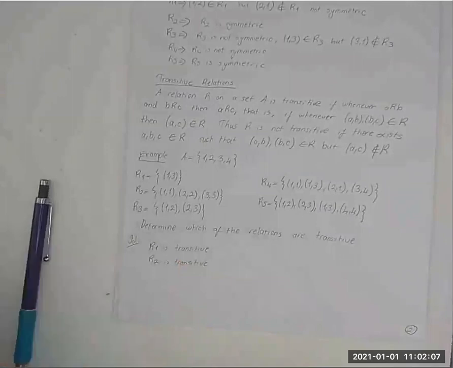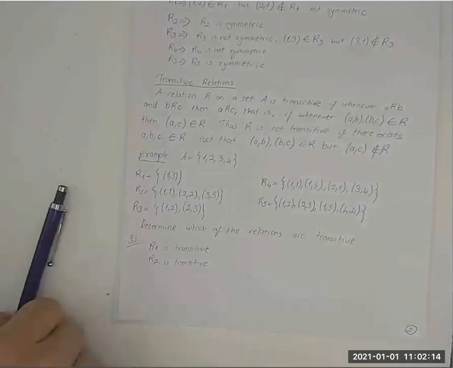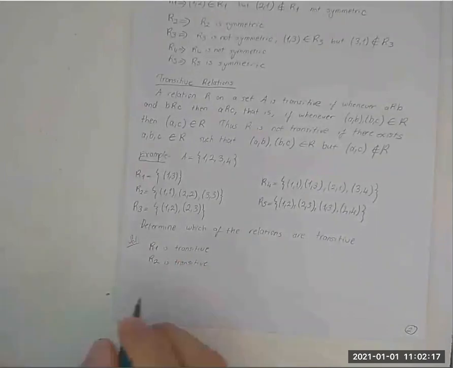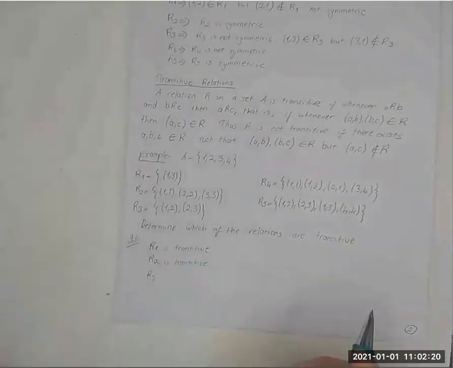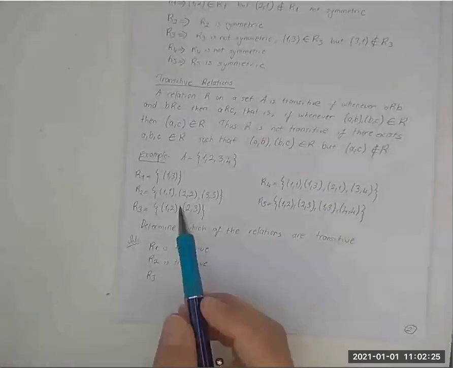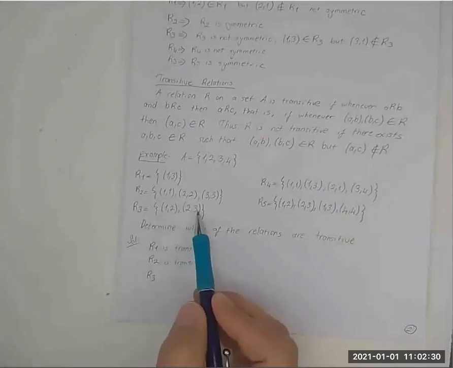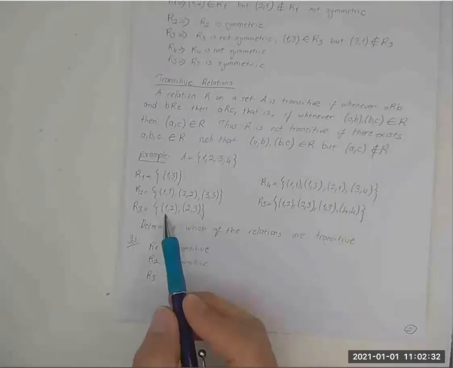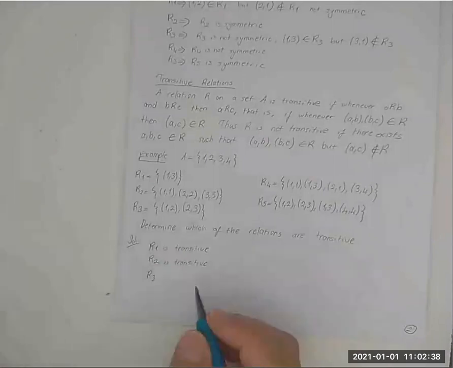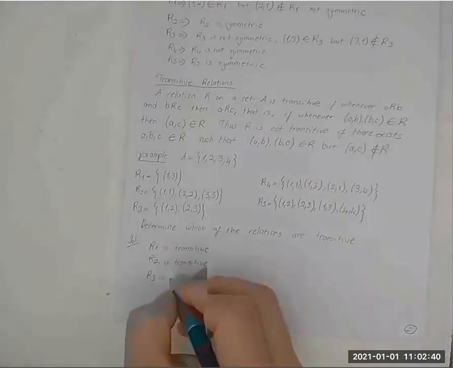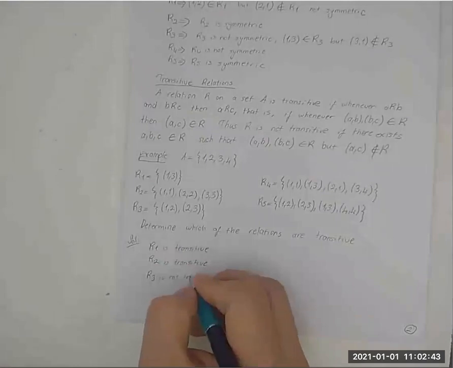And R2, there is (1,1), (2,2), and (3,3). These are the reflexive pairs, right? So this is also transitive. So R1 is working, R2 is working.